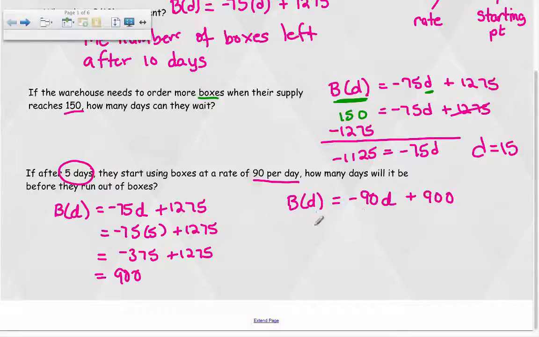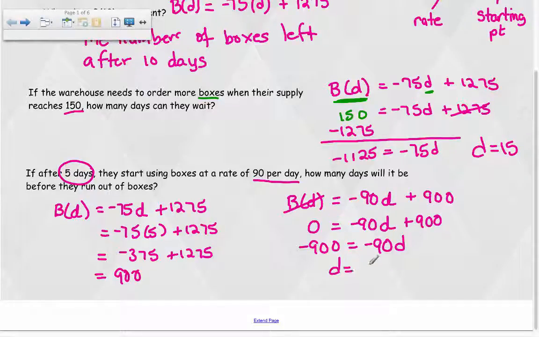And I want to know when the boxes are going to equal 0. We're going to have nothing left. So I'm going to set that equation equal to 0, and I'm going to solve it. Move the 900 over to get negative 900 equals negative 90d. And when I divide it out, d equals 10.